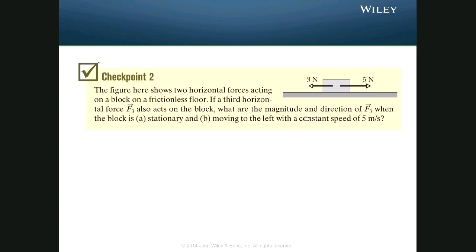Take a look at what's happening now, and let's see what force you have to add for the acceleration to be 0. I'll let you work that out for a minute or two, see if you can figure out that problem, and then we'll go over it.